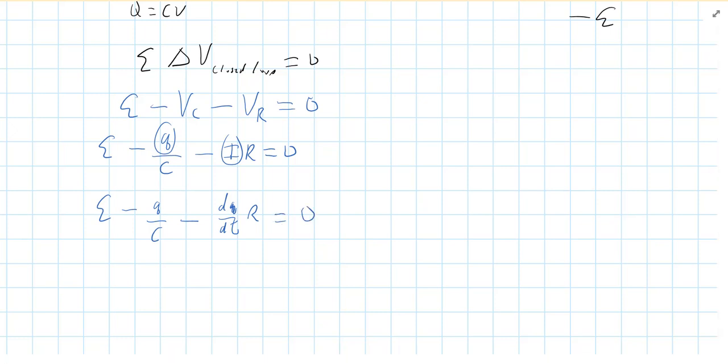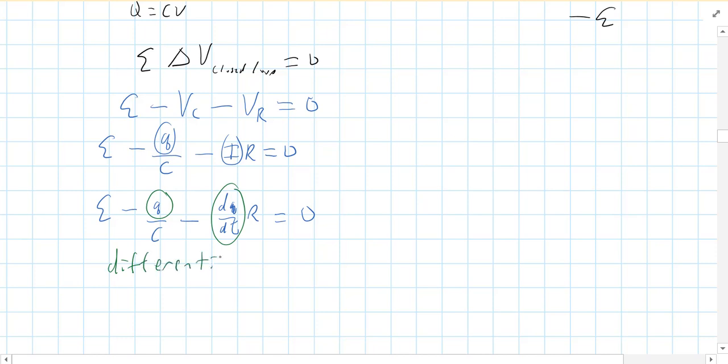Now, this is a special kind of equation. You have something and its derivative in the same equation. This is a differential equation. And you have something and its first derivative, so it is a first order differential equation.